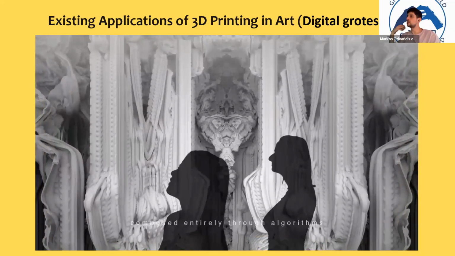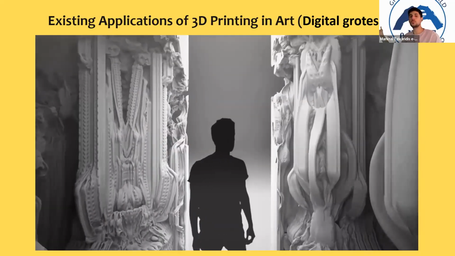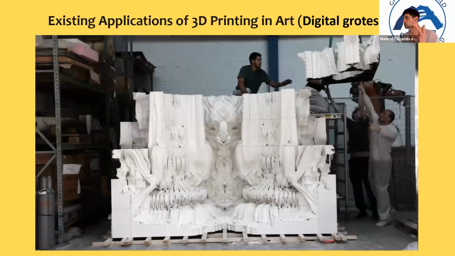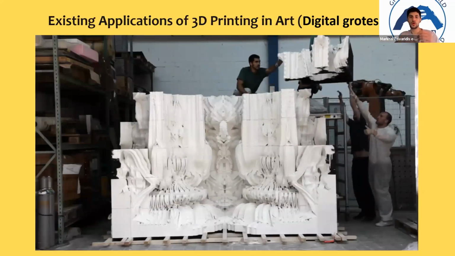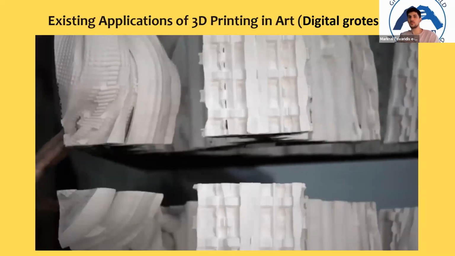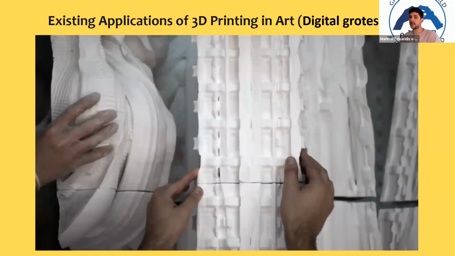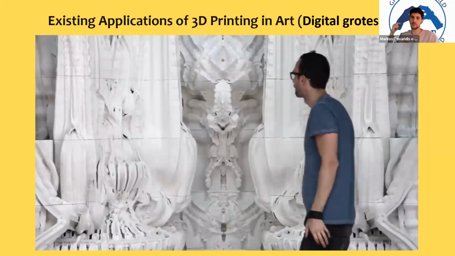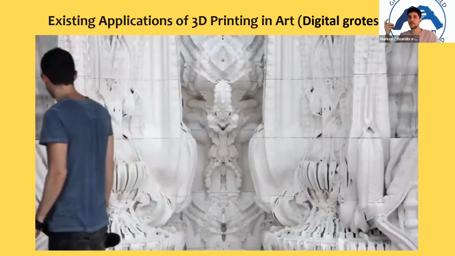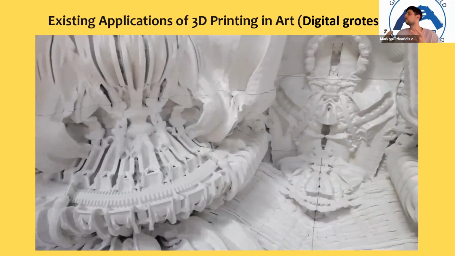And from those 3D models, they decided to print the most exceptional ones. So the model that you see here is not created by a human. It's created by a machine. It's created by the mind of a machine, the artificial intelligence, and also designed and printed by another machine, a 3D printer.